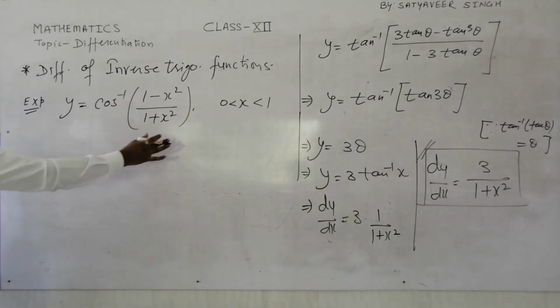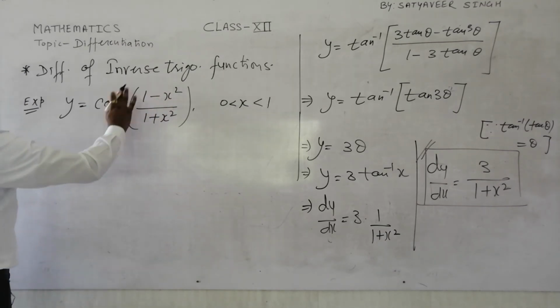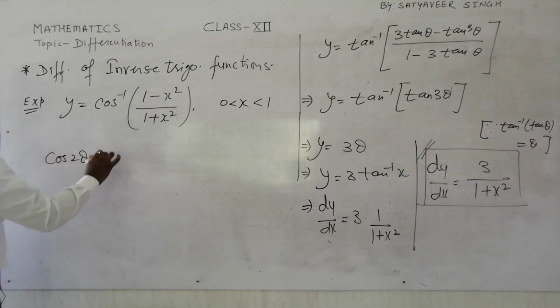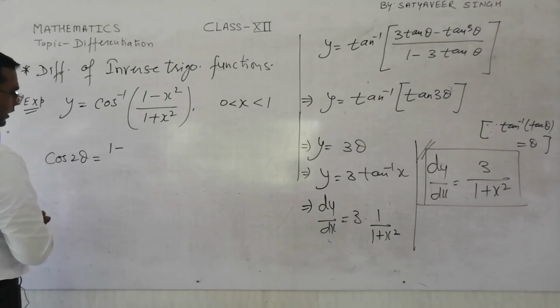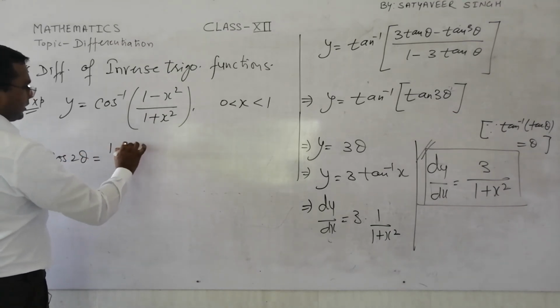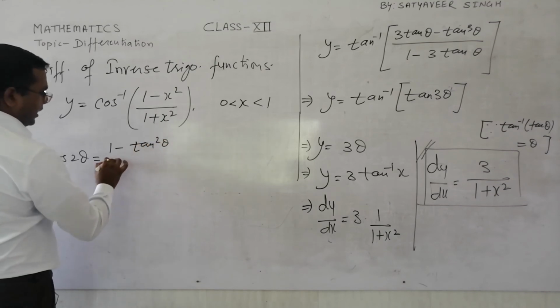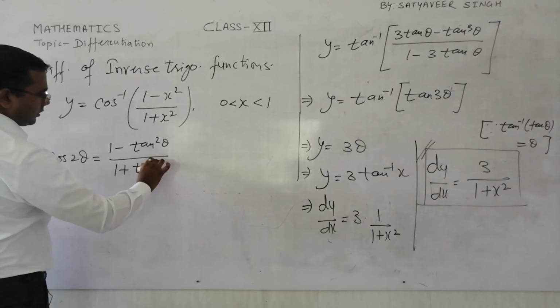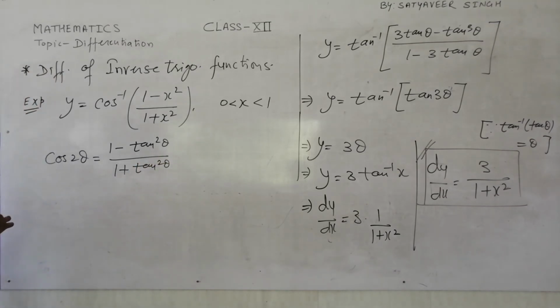But if you look at this part again, you can correlate it to a formula: cos 2 theta is equal to (1 minus tan square theta) upon (1 plus tan square theta).